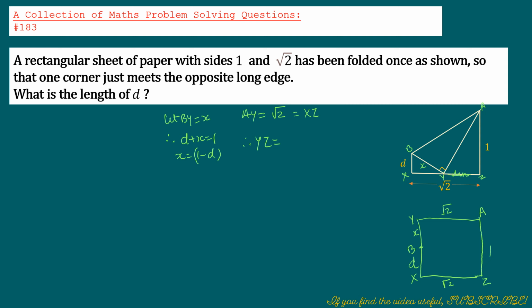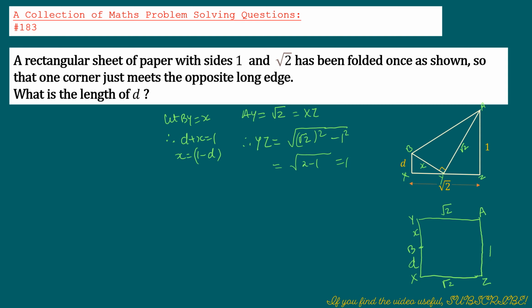If I were to draw it a bit better, this point I'm saying is Y. This is YZ. So YZ would equal, this is root 2, so root 2 squared minus 1 squared, that would be the square root of 2 minus 1, and that is 1.